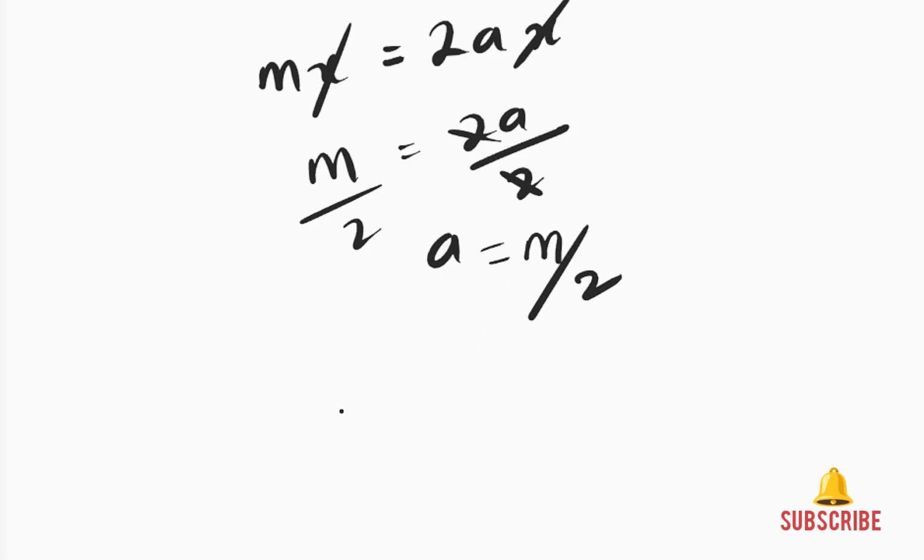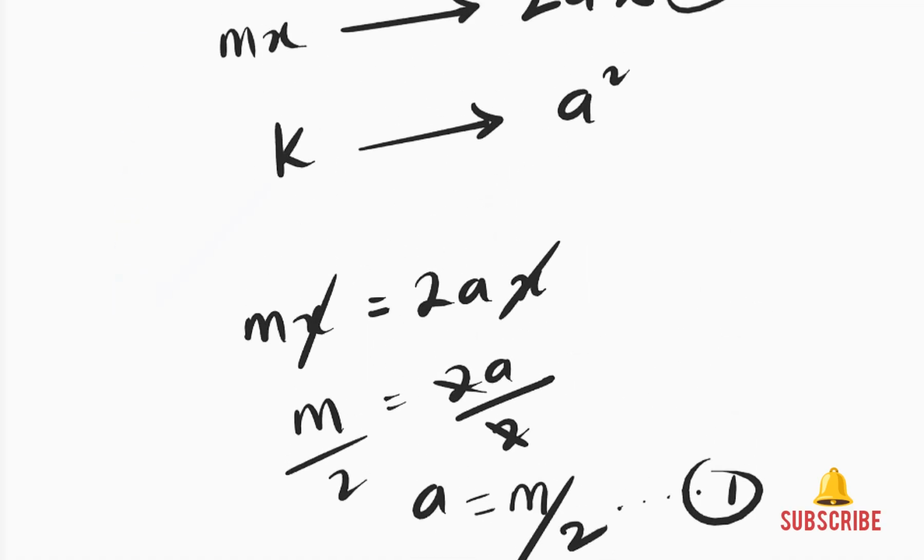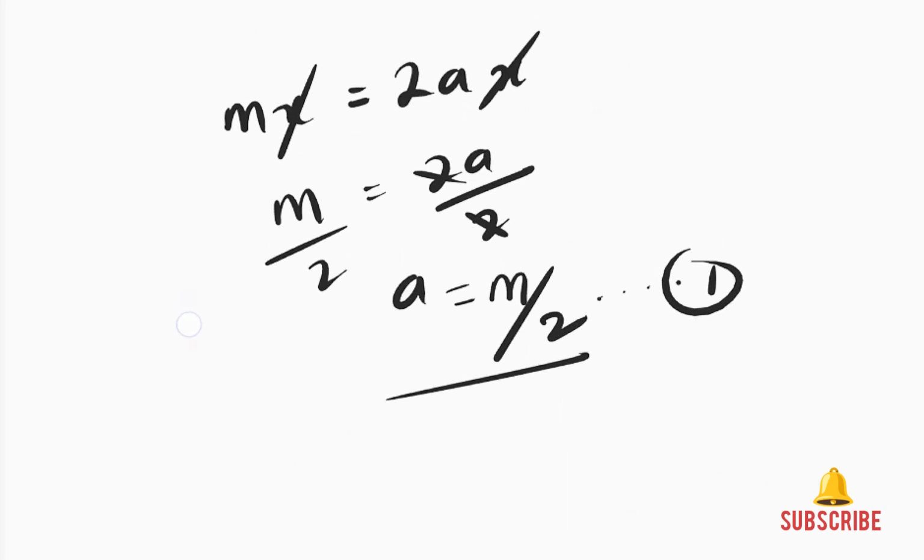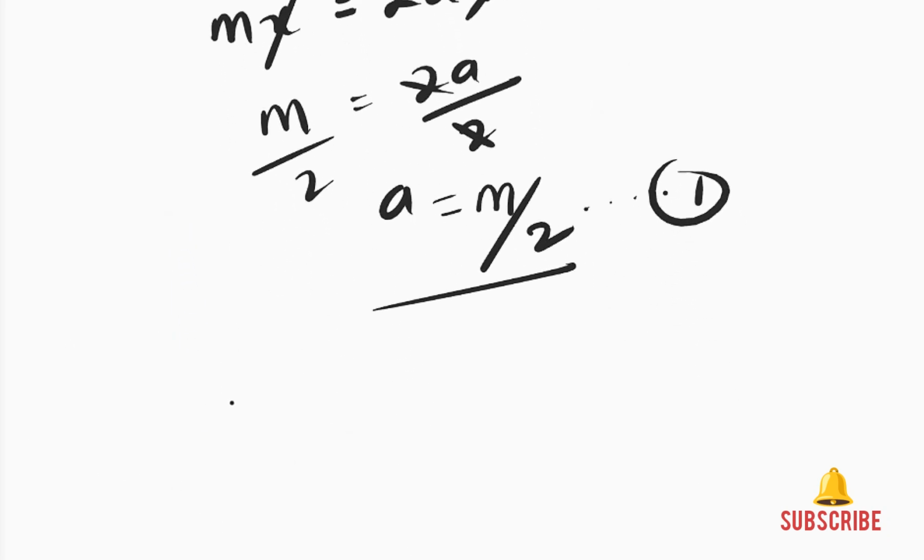Let's take note. This is the first equation, say 1. Now let's look at the last part, that is k equals a squared. So it says k, the identity between k and the other side is a squared.